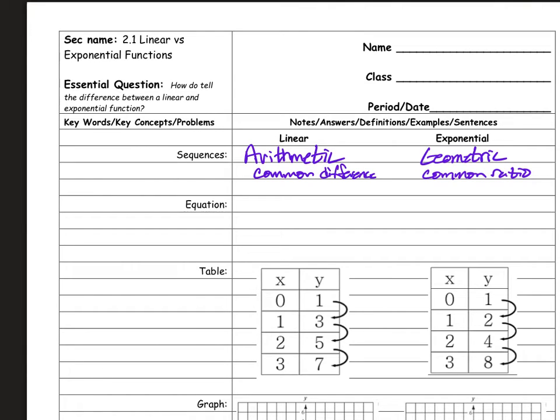Now we're going to talk about what the equations look like. Again, they go along with our arithmetic and geometric sequences. The equation for a linear looks like, you should recognize this, y equals mx plus b, where m is my common difference.